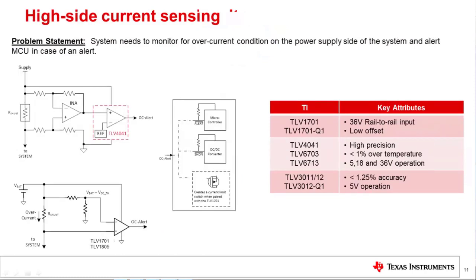Now, the second application is a little more unique. I think high-side current sensing is something that people don't normally look to when they think about comparator devices, right? And again, they focus on the voltage monitoring. But current sensing is a huge deal for comparators. What differentiates a comparator in a current sense application from voltage monitoring is that voltage monitoring is very DC, right?